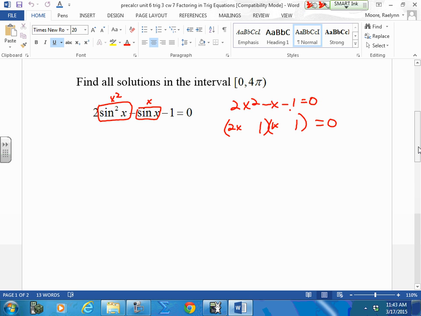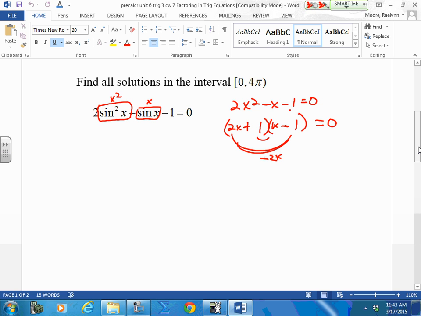Now all I have to do is worry about my little smile in the middle. Where do I put my plus? Where do I put my minus? So that the middle term comes out to be a negative. If I put a plus over here, it has to go to the bigger number, but this time it has to go over here. So that's your negative 2x.